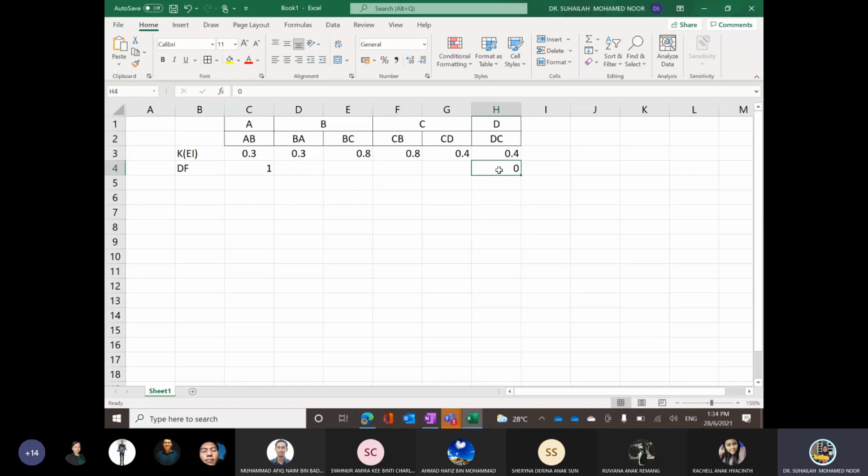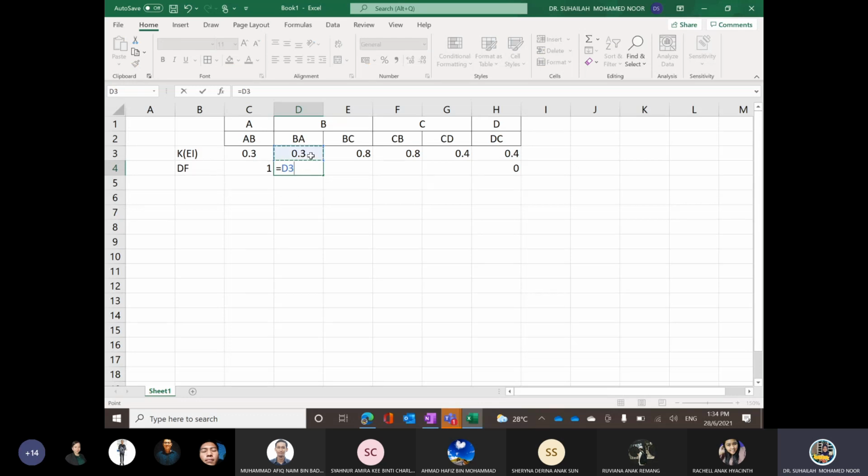We have another two joins, B and C. Remember, the total distribution factor at a join is equal to 1, except fixed end.